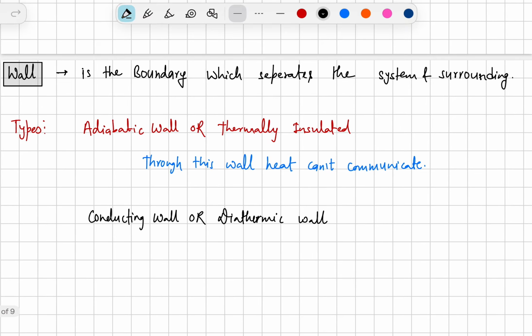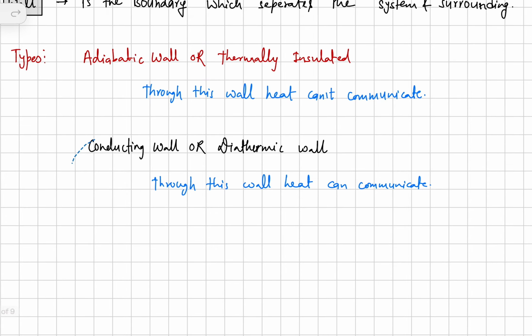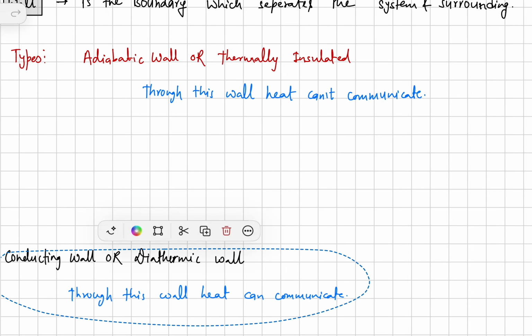So in this case, through this wall, heat can communicate. Meaning that the energy can be transferred from one system to another system if the wall between the two systems is diathermic wall. So let me show you one thing.